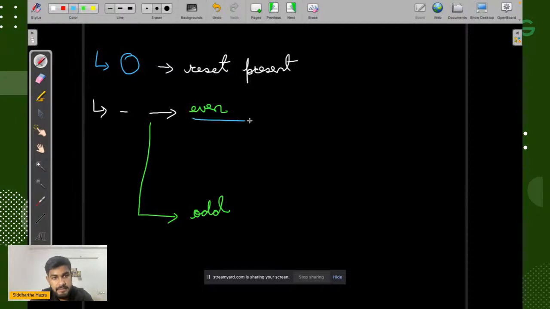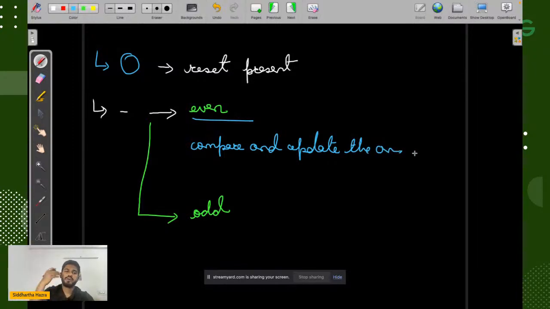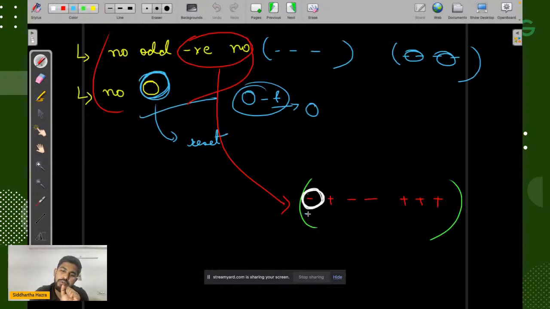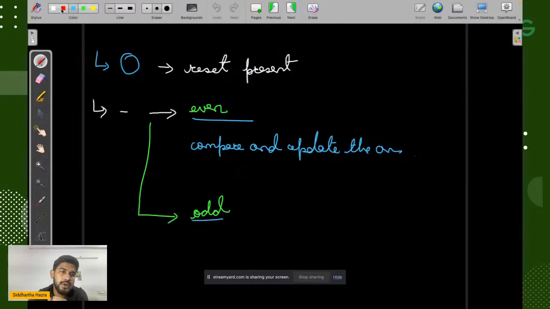If it is even, then we should compare and update the answer. Update the answer because 0 is not present, since 0 means reset. So negative and positive numbers would only contribute to the answer, and an even number of negatives would also contribute, so we would compare and update the answer. But if it is odd, then we should remove the first negative and then compare and update. This is the most important step.